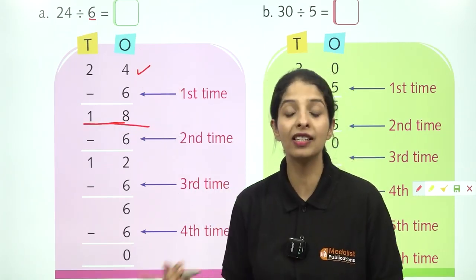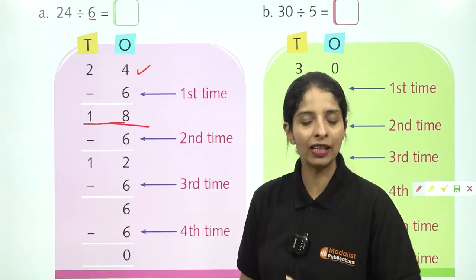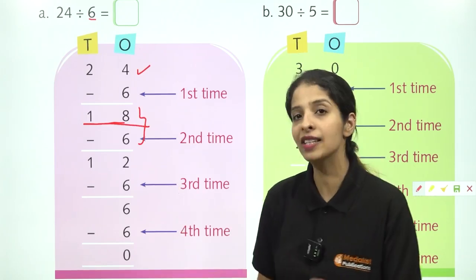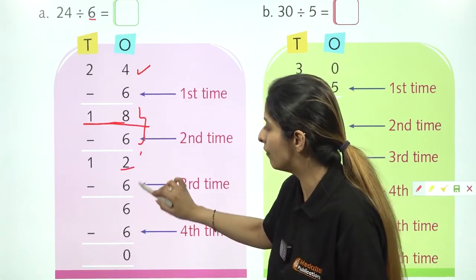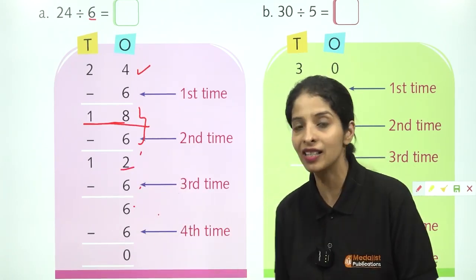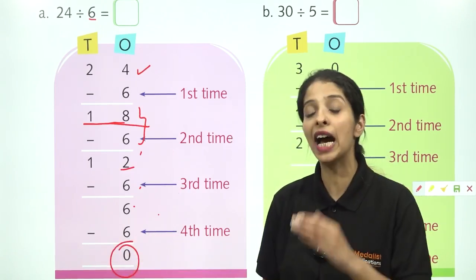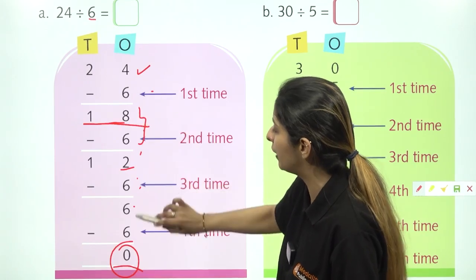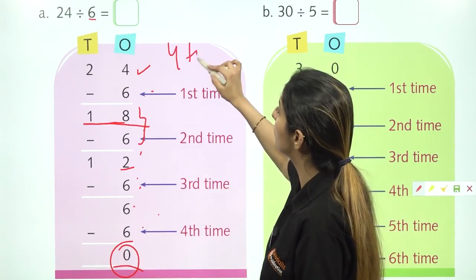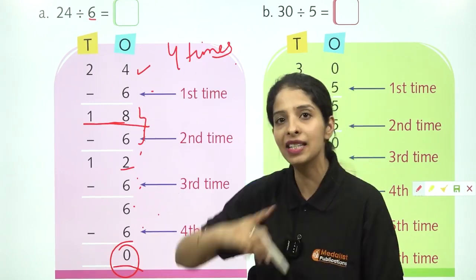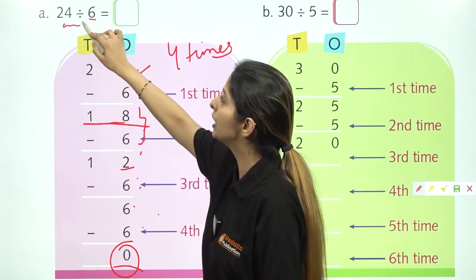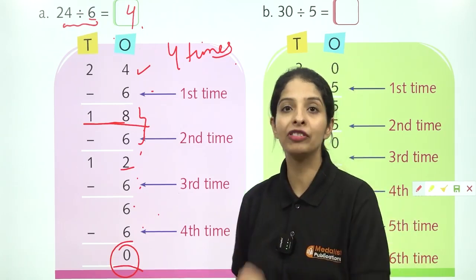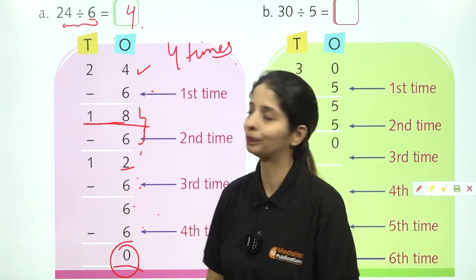Now, till 0 we have to subtract, keep on subtracting by the same number. 18 minus 6, 12. 12 minus 6, 6. 6 minus 6, 0. So how many times did we subtract to get the 0? 1, 2, 3, 4. So 4 times we subtracted to get the 0. So your answer will be 24 divided by 6 is 4. And try doing it by division, you will get the 4.